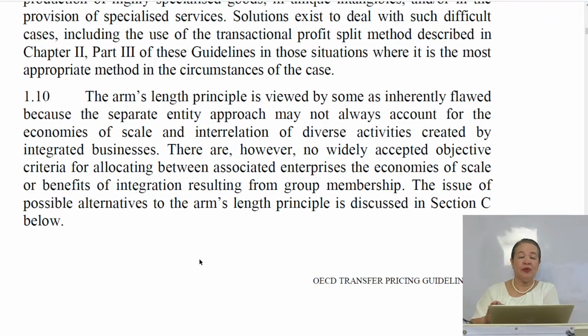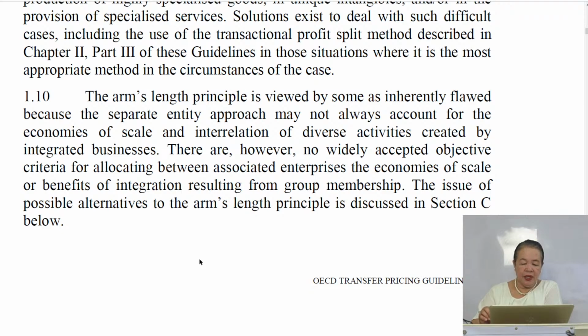Pero hindi pa rin acceptable. Why? Because of the uniqueness or the circumstances of every transaction na hindi siya talaga pwedeng ang global formulary. There are so many factors that will affect na hindi kakayanin ng global formulary apportionment. So it is only the arm's length principle na effective. Okay.